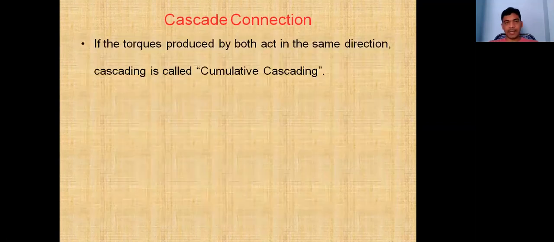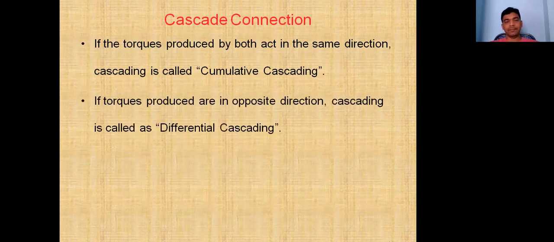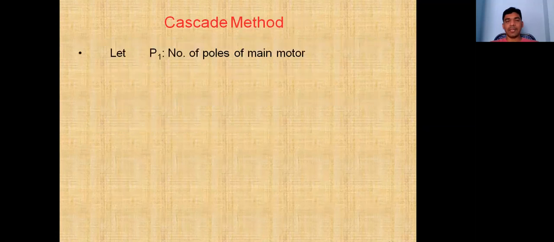This is the cascading condition. When the torque produced by both acts in the same direction, cascading is called cumulative cascading. When the torques produced are in opposite directions, cascading is called differential cascading.